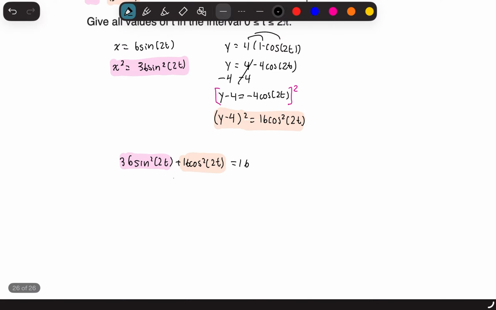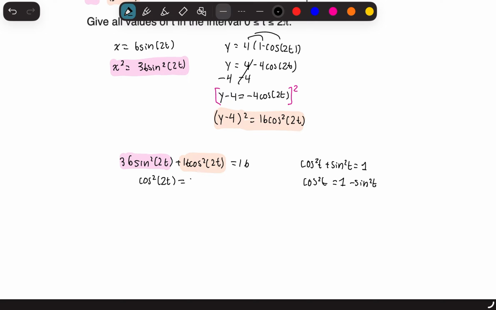We can use our Pythagorean identity. But we can rearrange this for cosine squared t. And here we will use the version where our input is 2t instead of t.